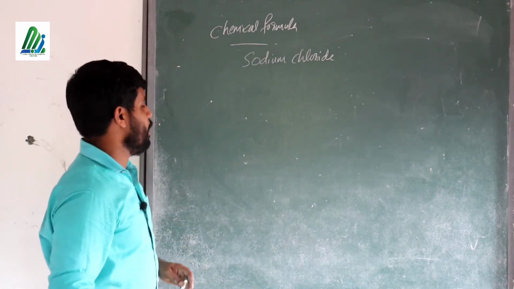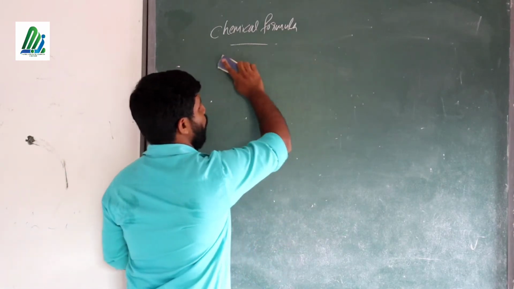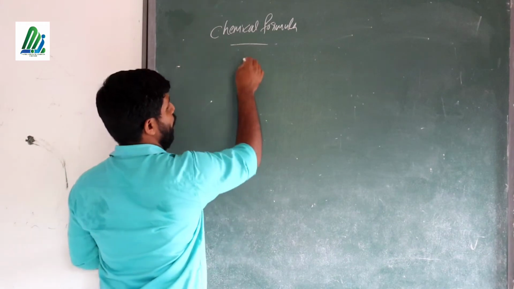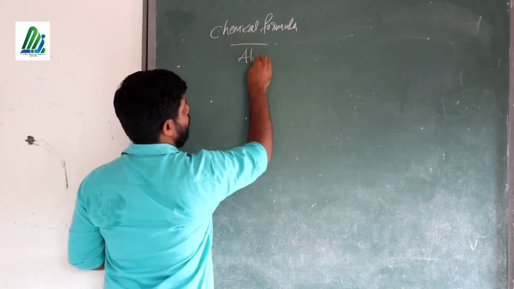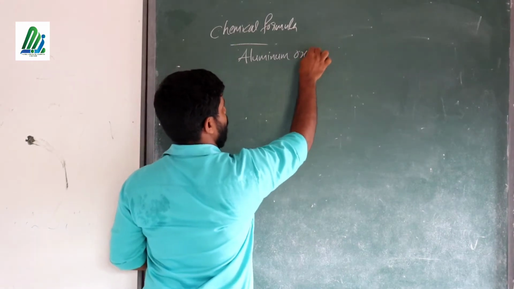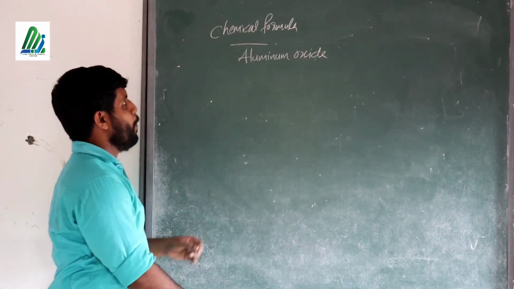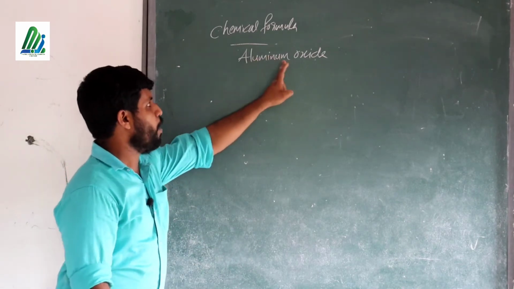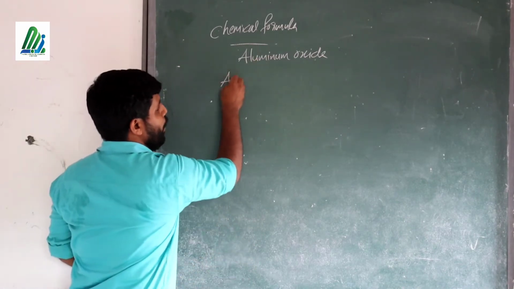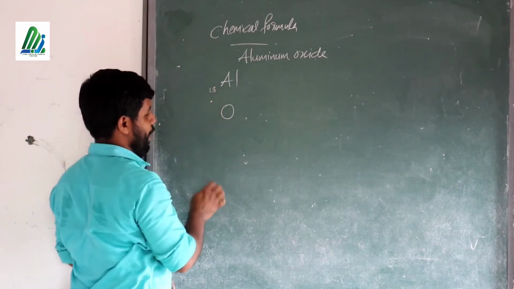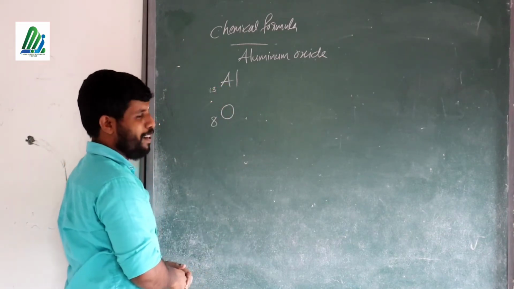Next, we want to write the molecular formula of aluminium oxide. From the name, we know it contains aluminium and oxygen. The atomic number of aluminium is 13 and of oxygen is 8.